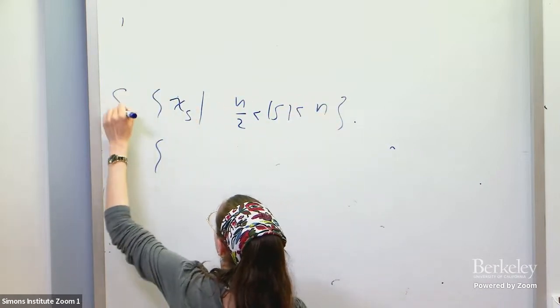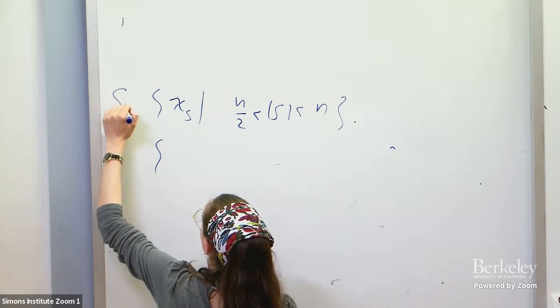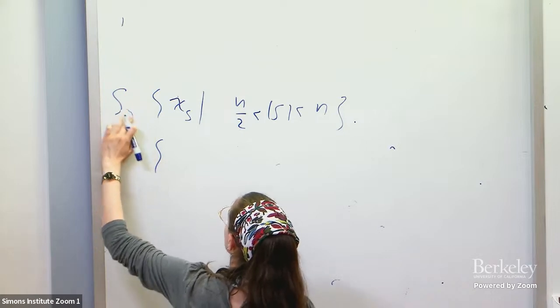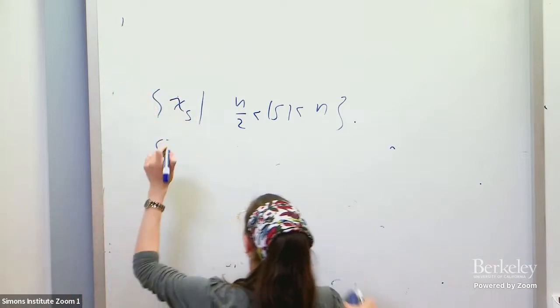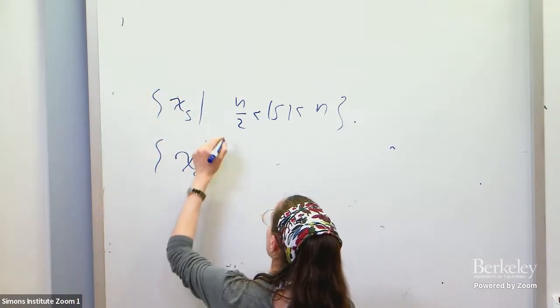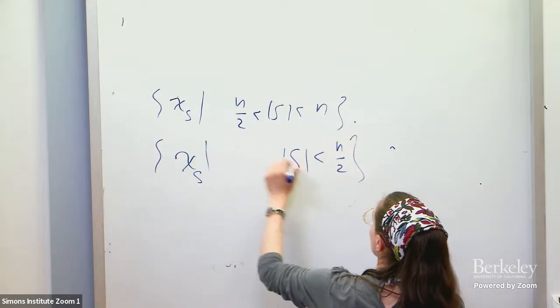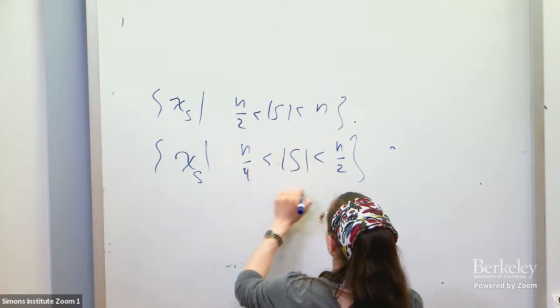And the other part will be in between n half and n fourths, and so on.